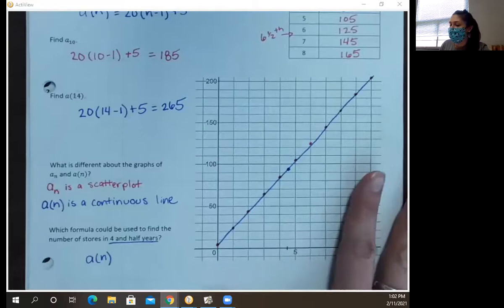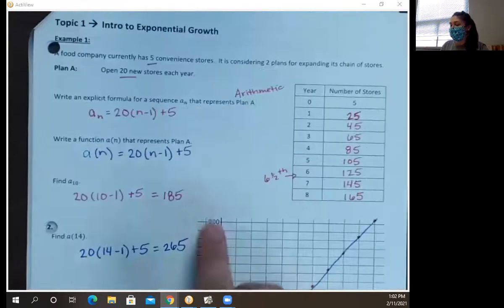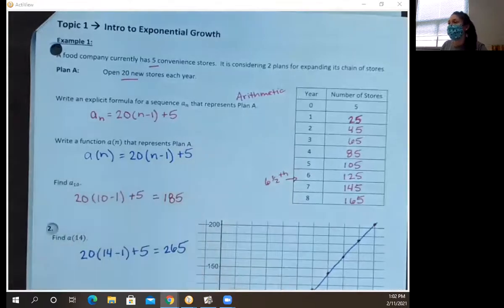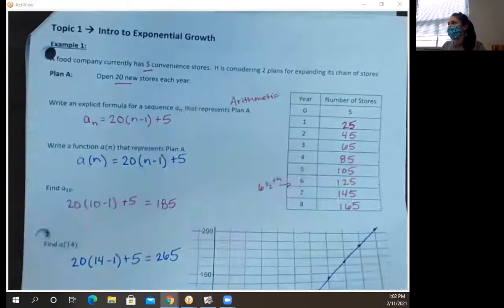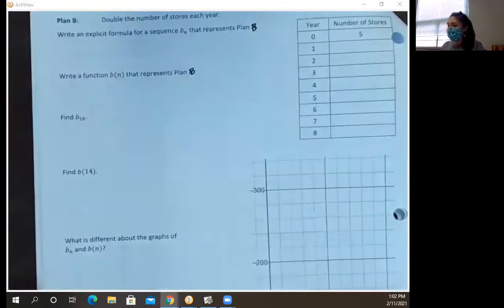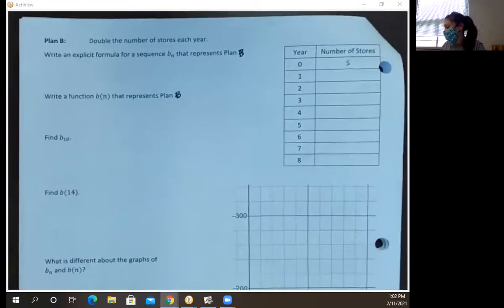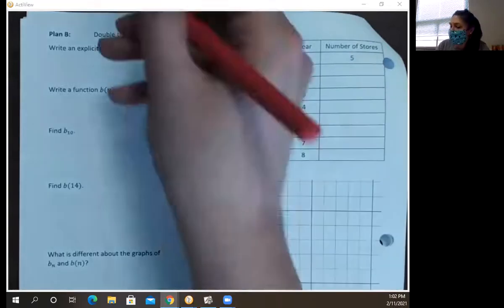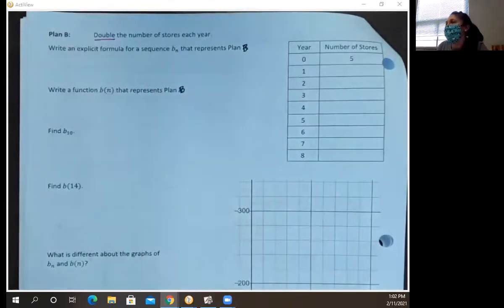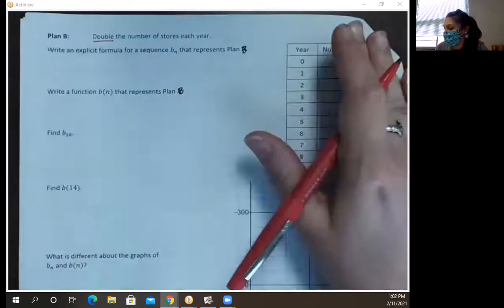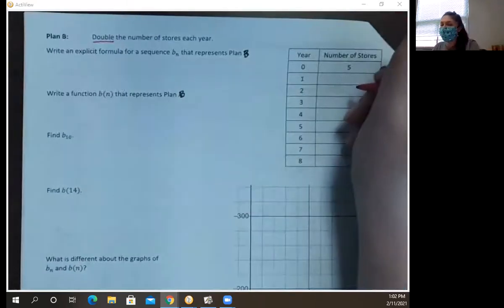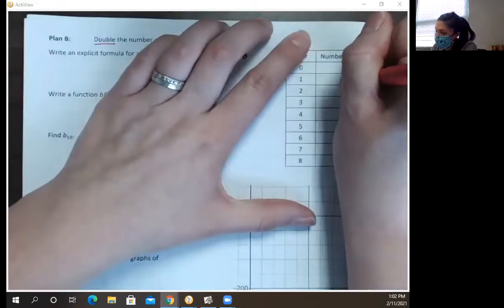Okay, so this was their plan A, open 20 new stores each year. We said similar to an arithmetic sequence or a linear function. So if we move to our next plan, on the next page, plan B, this time, we're going to look at doubling the number of stores we have each year. So I start with 5 stores, and then I would double that to 10 stores.